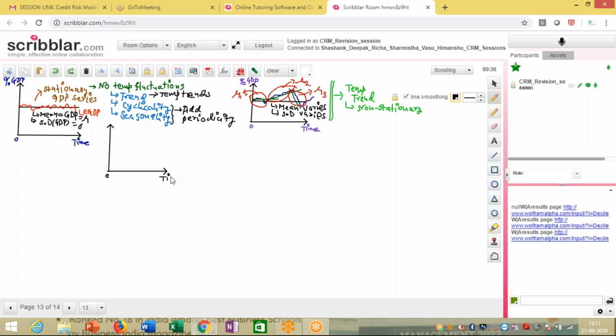So as I was saying, time is there, and I have my percentage GDP growth also there, and this is the straight line, the long run straight line that I have, or the long run growth.